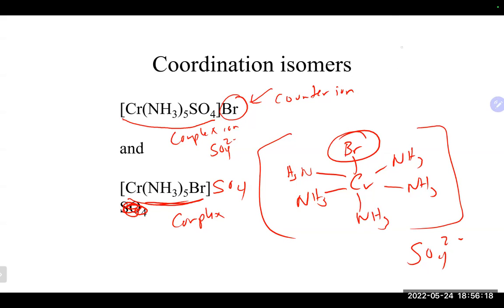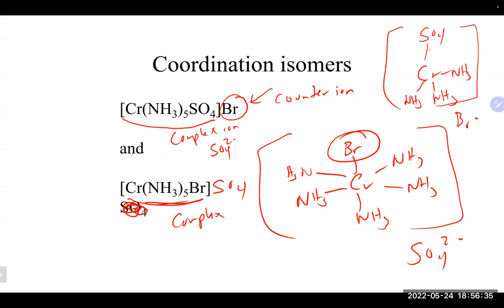The main difference is obviously we have a different ligand attached to the metal, while the other one is serving as the counter ion. Any questions on that type of isomer? Okay, so that's a coordination isomer.